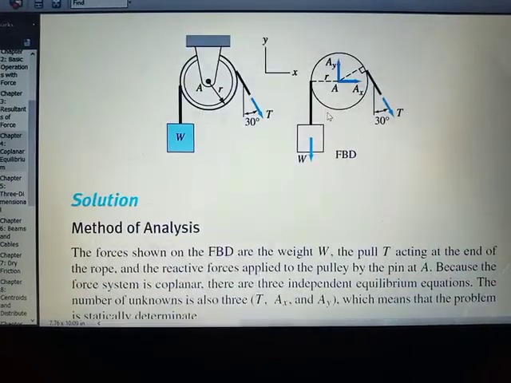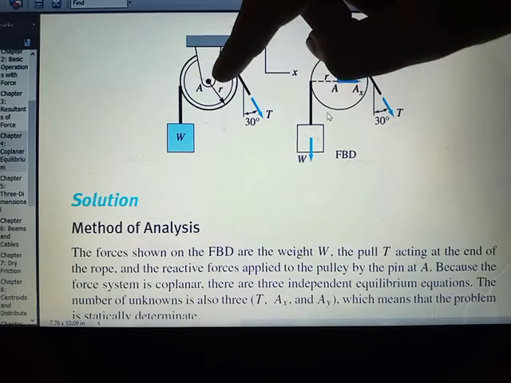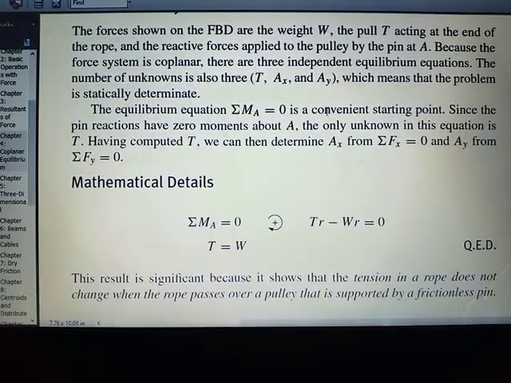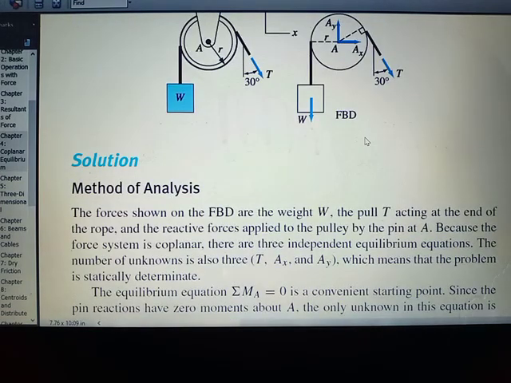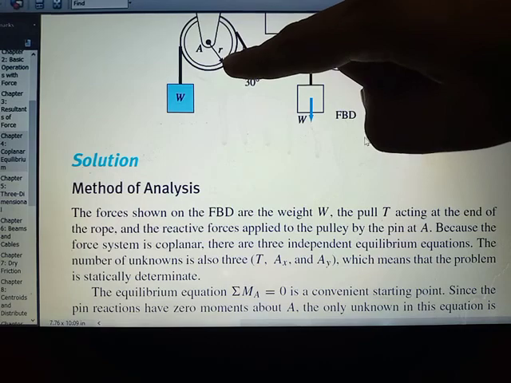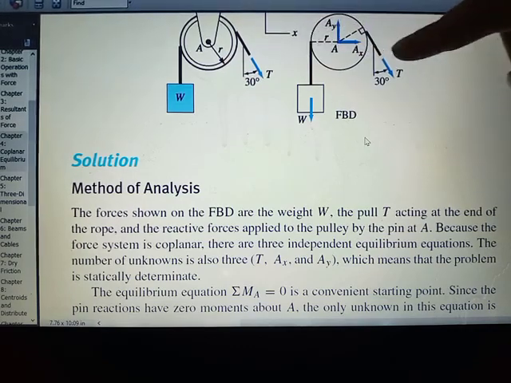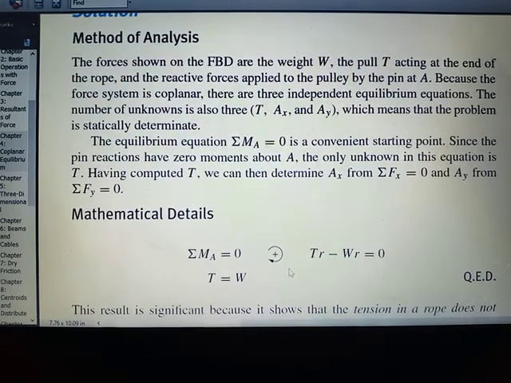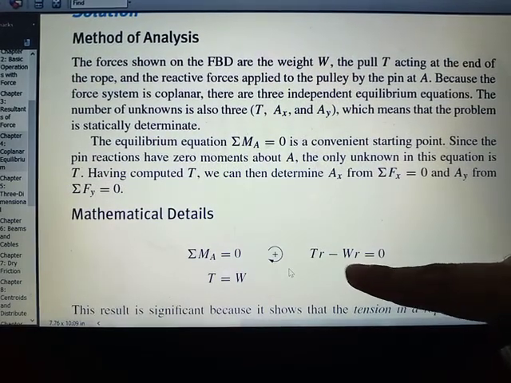So these are the mathematical details. You can sum up moments at A. So summation of moments at A is equal to 0. By that, you have R, and we fix this R anywhere. So TR minus WR.